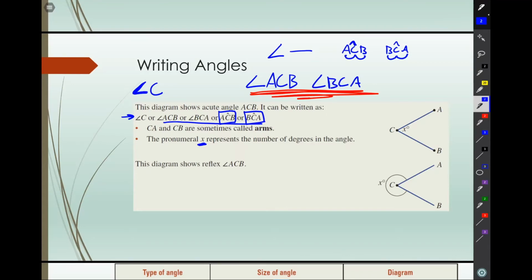In this case, we've used X, but a lot of times the symbol we give an unknown angle is this one. This is called theta. It's a Greek letter, and it is very commonly used to represent an unknown angle.